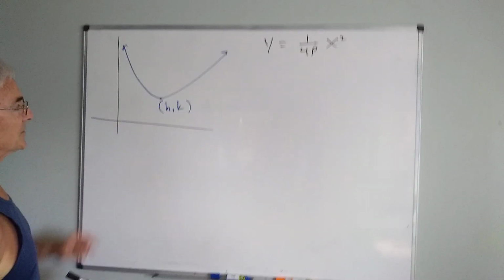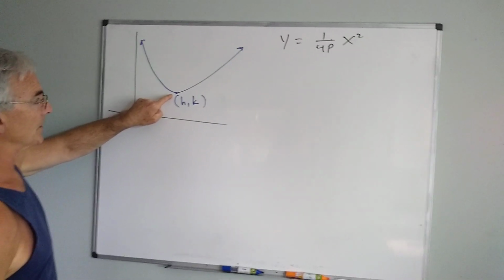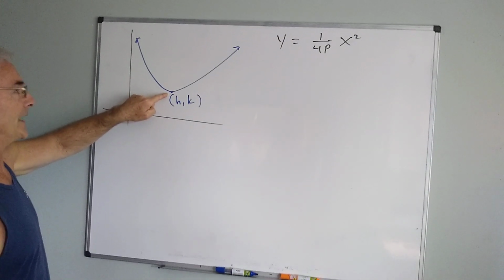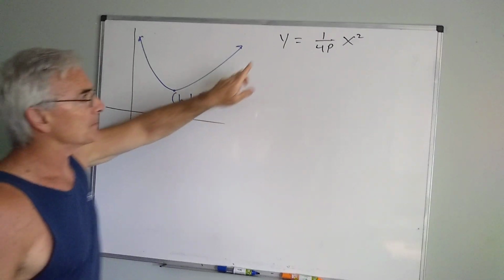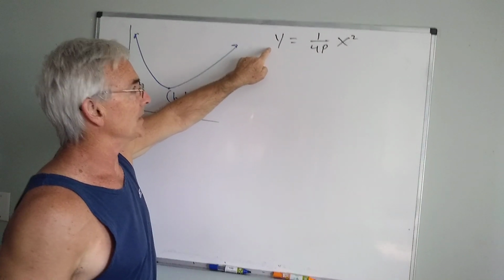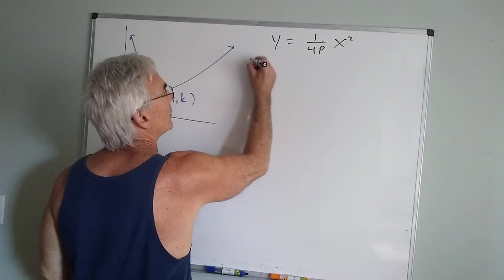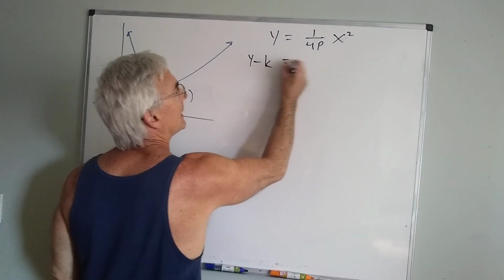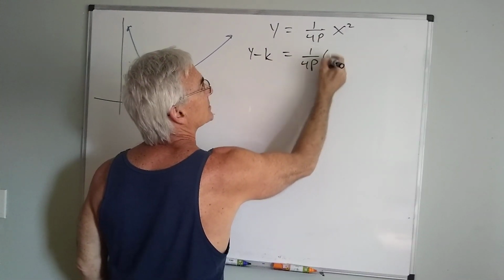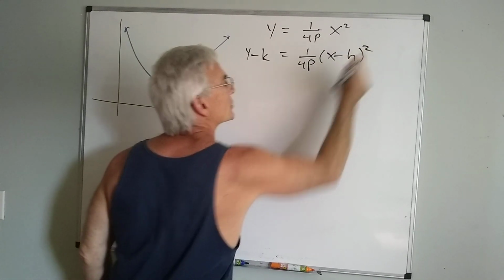Now we'd like to take that same parabola and shift it so that the vertex is now at some point, we'll call it h comma k. So if I take my original equation and do a shift, that simply means I replace y with y minus k, and I replace x with x minus h.